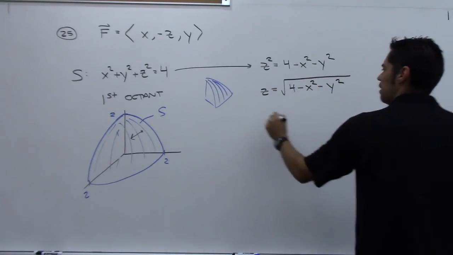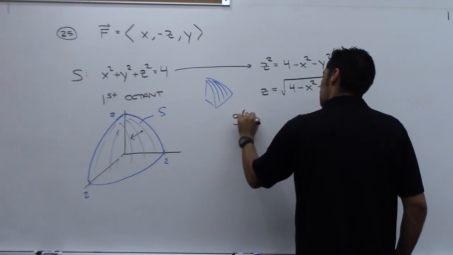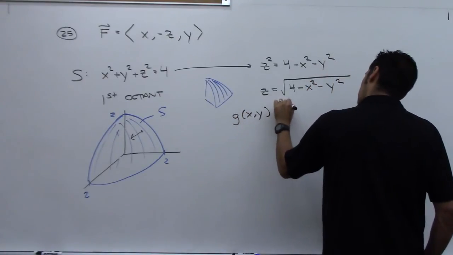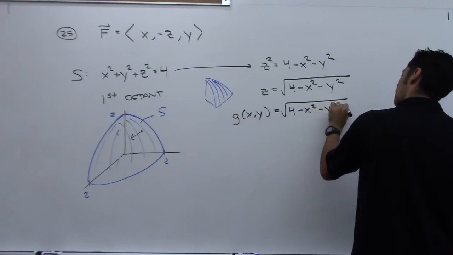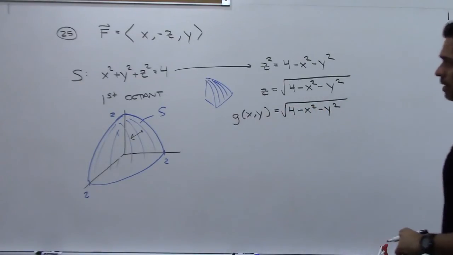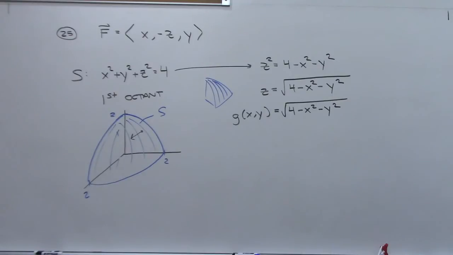So this right here can be our surface, and we can look at our surface as being a function of just two variables.